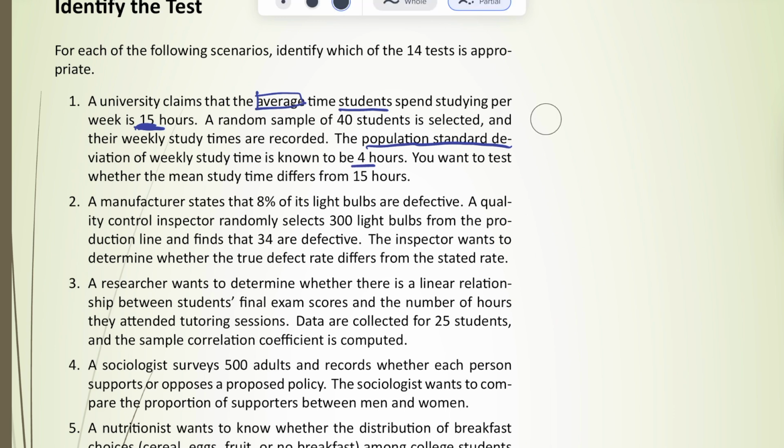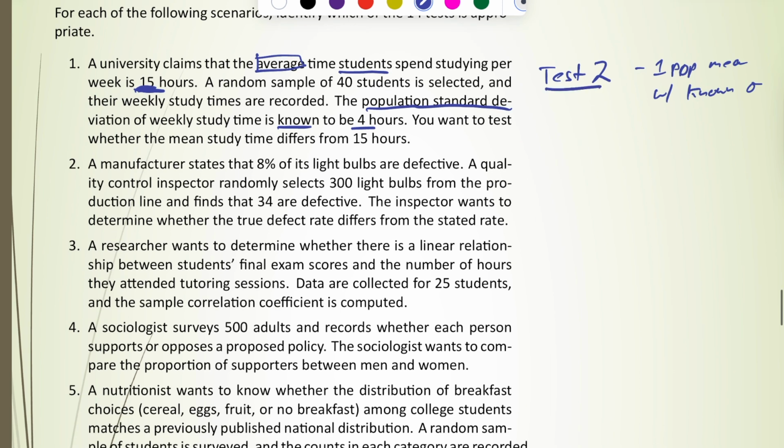This is a single population mean, so one population mean with known sigma. That's test 2.